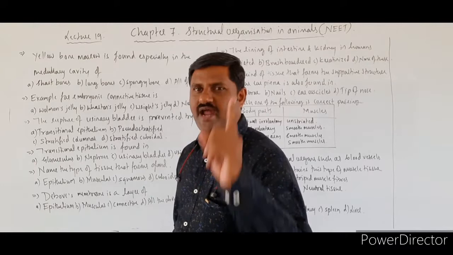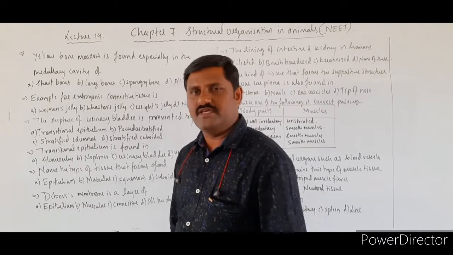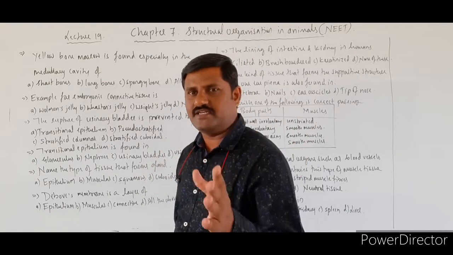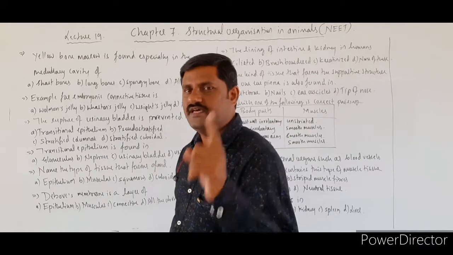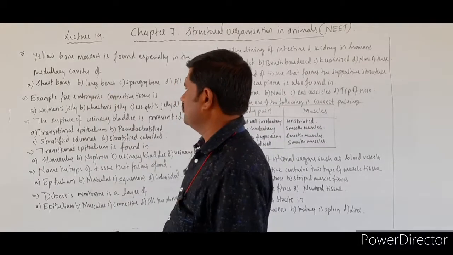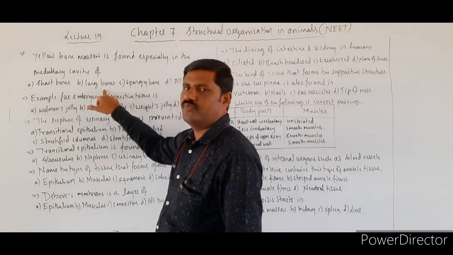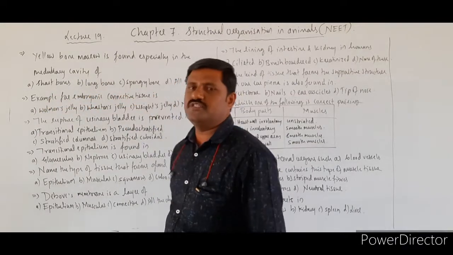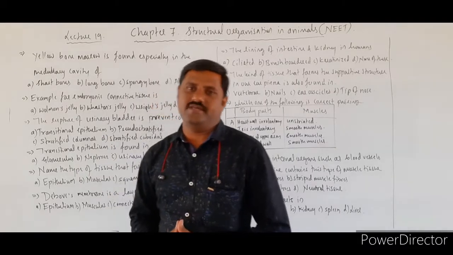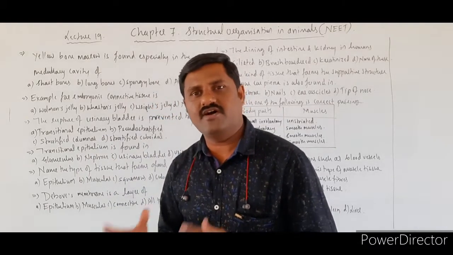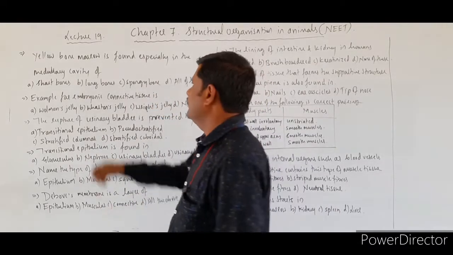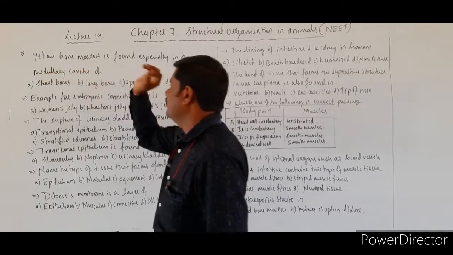So if you prepared well the entire notes, then you will be so perfect in that, then you will certainly answer this question. There are some short bones, some long bones, as well as spongy bones in our body. Then in what kind of bone is the yellow bone marrow actually found?